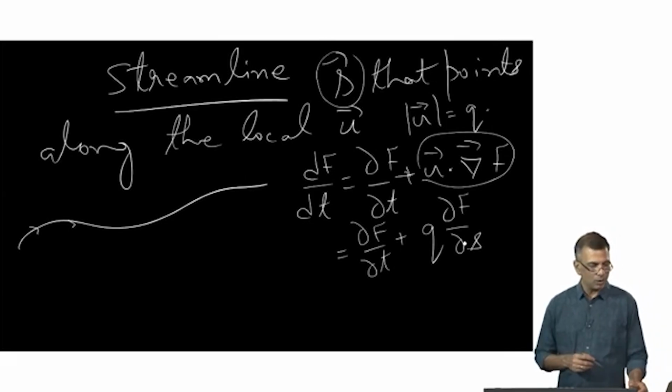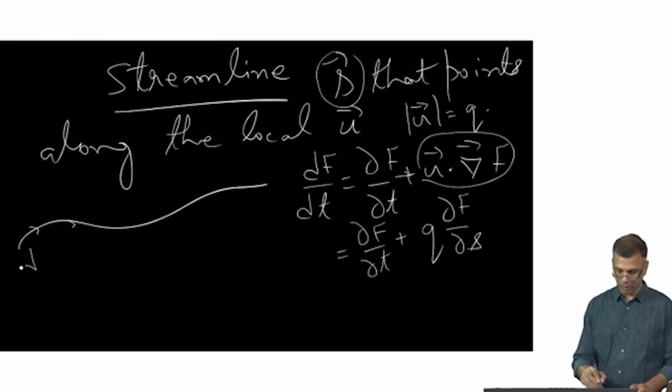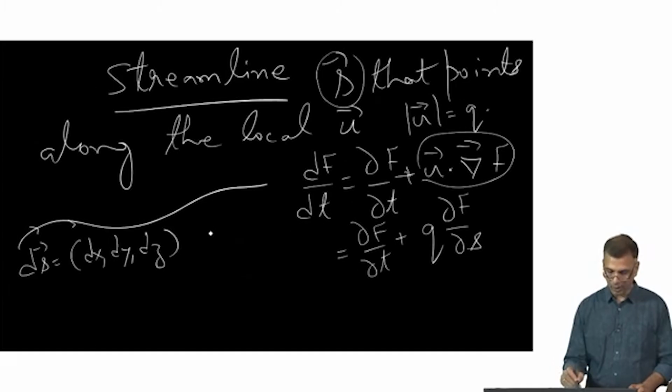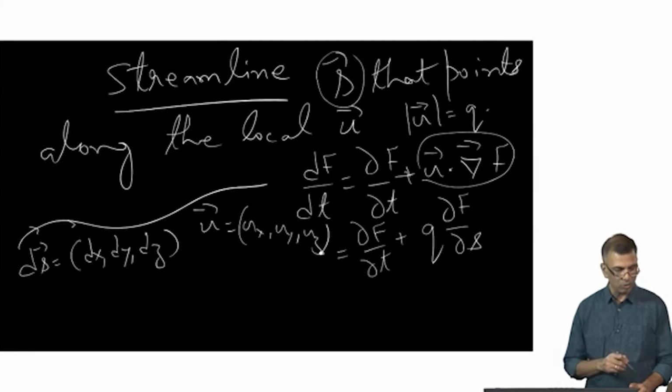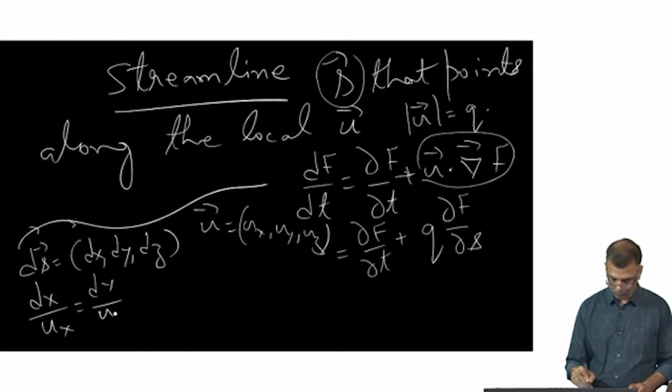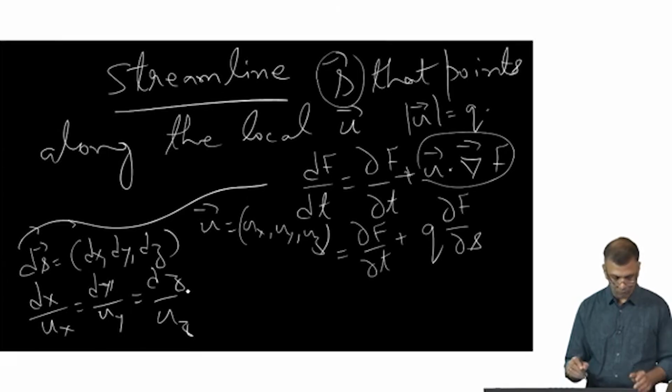The other thing we remarked was if ds is equal to dx, dy, dz, so that's what this ds means, and you have a u which is like so, a streamline can be defined either as this, or equivalently as this.